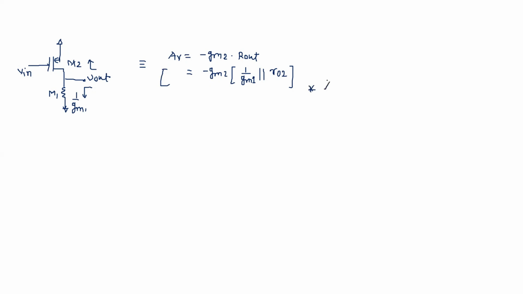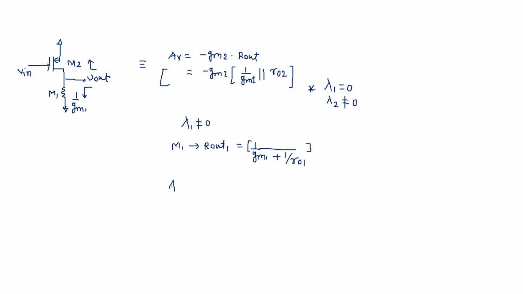Here the consideration is that lambda 1 equal to 0 and lambda 2, where we are applying the input, is not equal to 0. If lambda 1 is also not equal to 0, then the effective impedance at the drain of M1, which I call R out 1, will be, as I explained, 1 upon GM1 plus 1 upon R01.